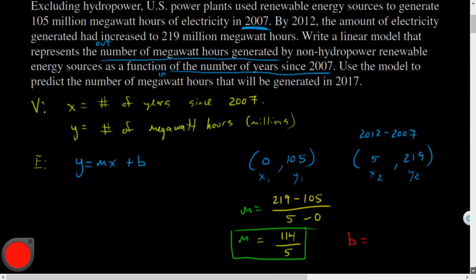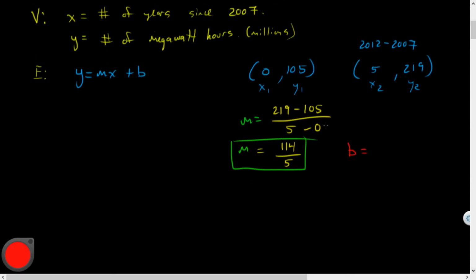But even if not, notice that I know that this is b. How do I know that's b? Why didn't I pick 219? Why am I picking 105? Right, that is the y-intercept because 0 is its x-coordinate.